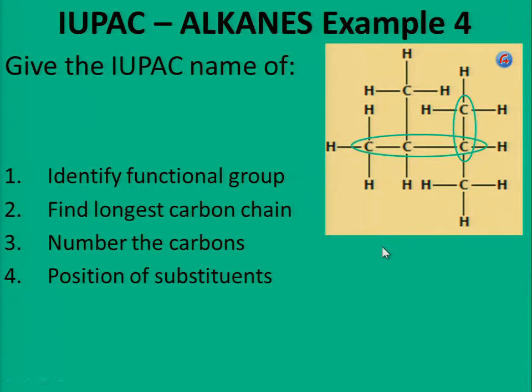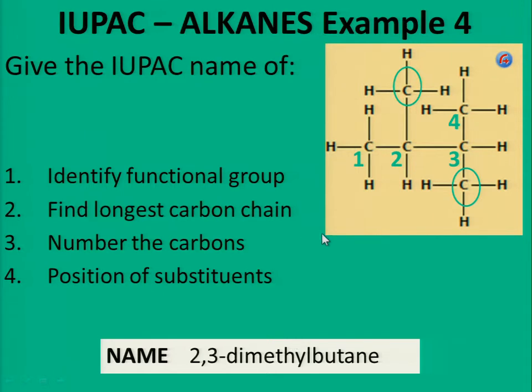Now you have to number the carbons. 1, 2, 3, 4. You have a methyl substituent at carbon 2 and a methyl substituent at carbon 4. So the name would be 2,3-dimethylbutane. 1, 2, 3, 4 carbons.